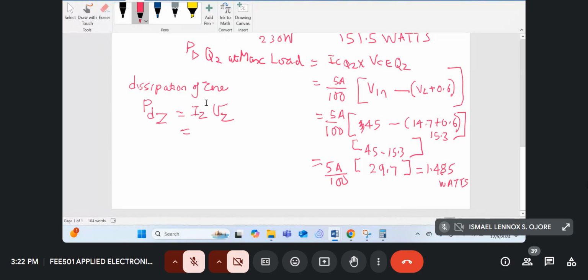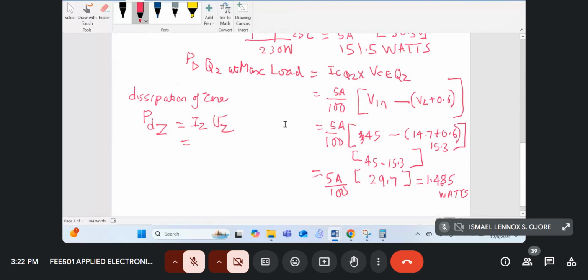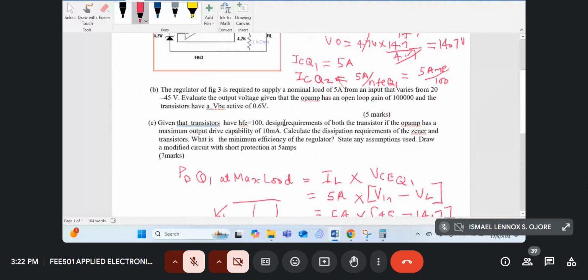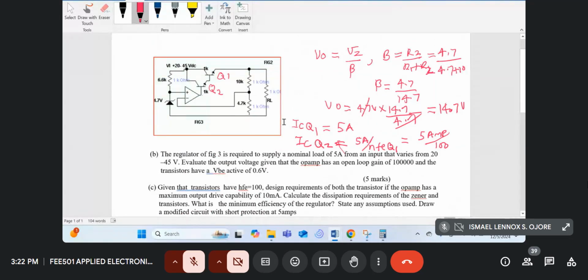Even this one, some of you get confused. Let's look at the circuit. What is IZ? You've got to consider the worst case. You're told the input voltage can vary from 20 to 45 volts.